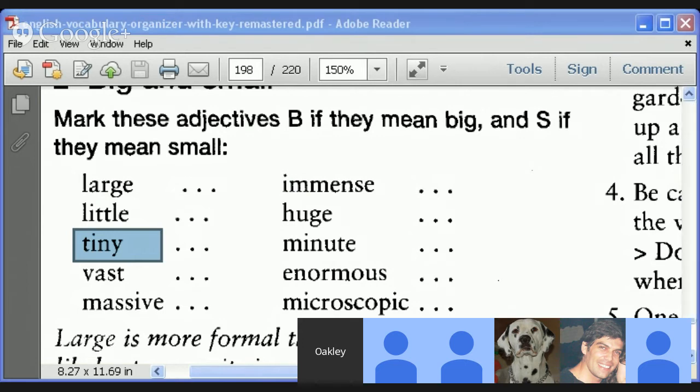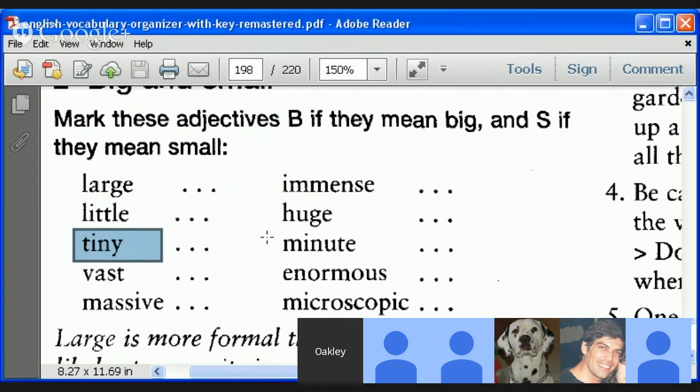Alan, how about this word? Tricky one. Minute. For me, it's a small thing. Small thing. Okay, yes, indeed. Of course, pronunciation. This is the same spelling as minute, like 60 seconds equal 1 minute, right?